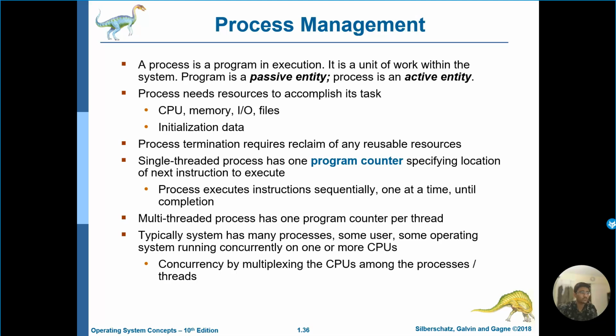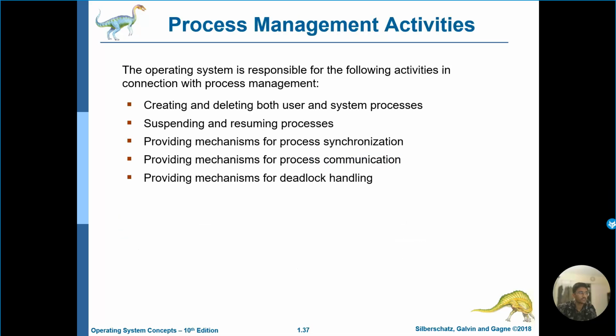A system, as I showed in the task manager, has many processes, some users, some OS, running concurrently on one or more CPUs. Concurrency by multiplexing the CPUs among them. Again, concurrency means you run at the same time, right?